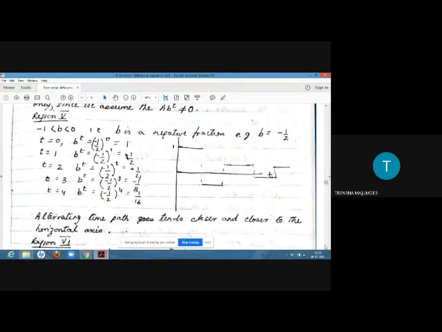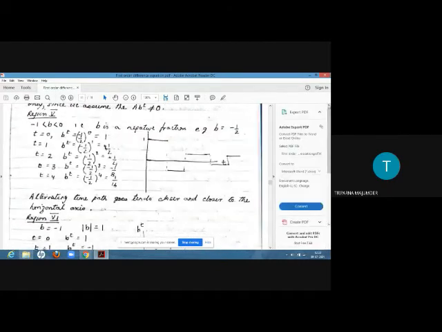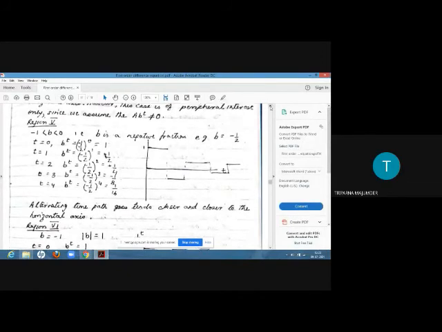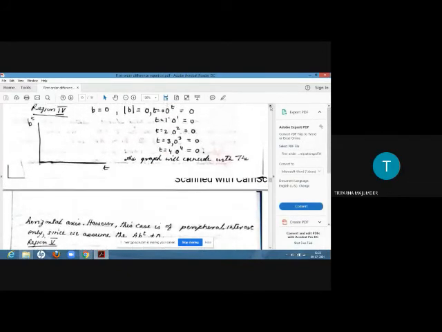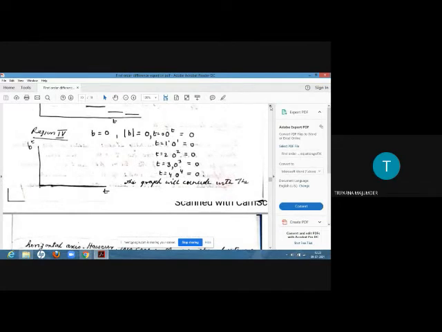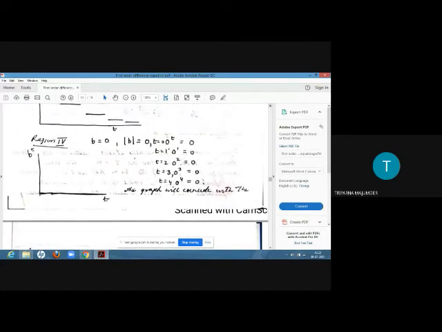Now we come to region 4. What does region 4 tell us? Yeah, b is equal to 0. That means absolute value of b is 0. So whatever be the value of t, it will be 0.